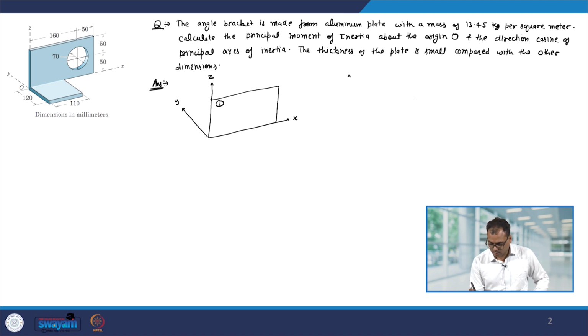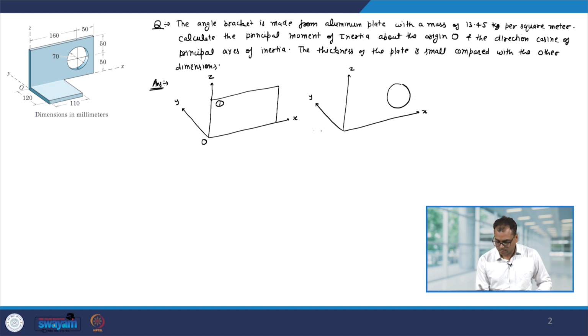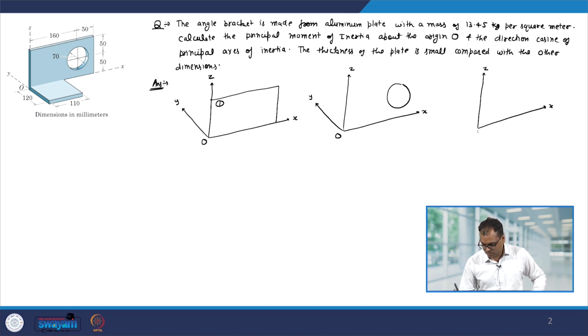Then part 2 is that circular plate, and part 3 will be the other plate on the y x plane.